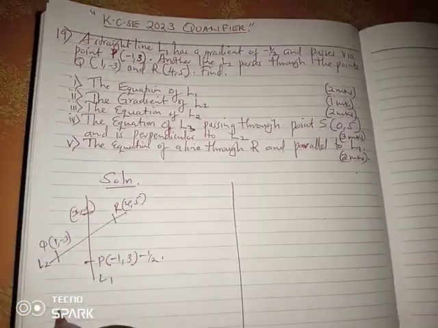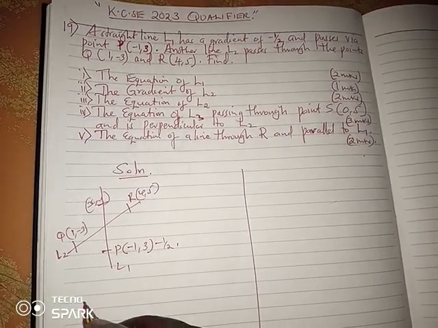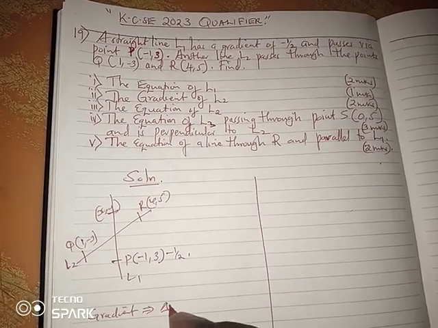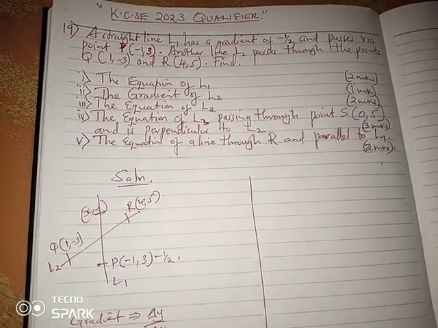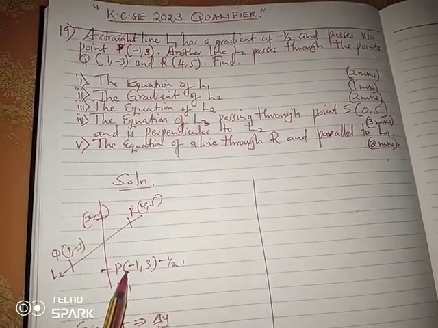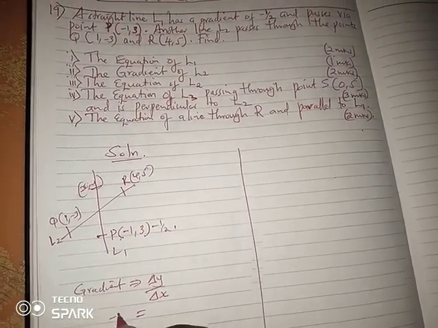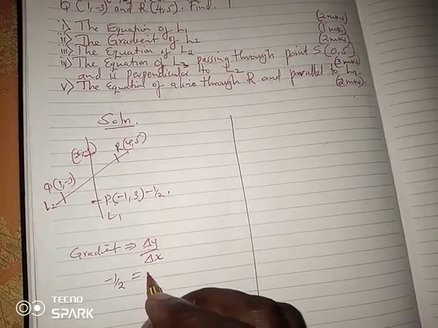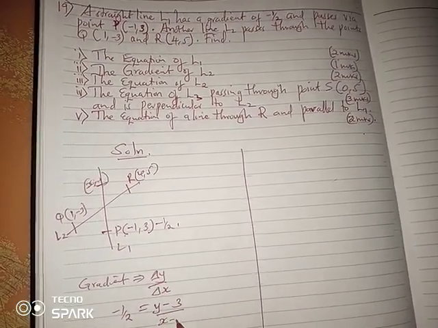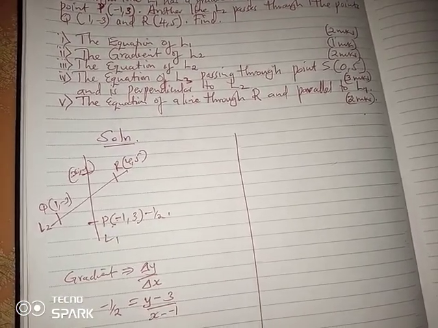We know the gradient is the change in y over change in x, so we substitute with the point P. The gradient is negative a half, so y minus 3 all over x minus negative 1.